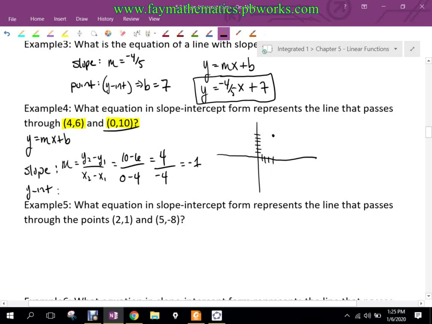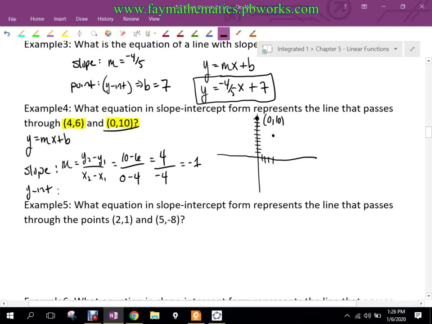Is that the y-intercept? Is that where my line crosses the x or the y-axis? No. But if I graph 0, 10, isn't that point right there my y-intercept then? That's where I cross the y-axis.